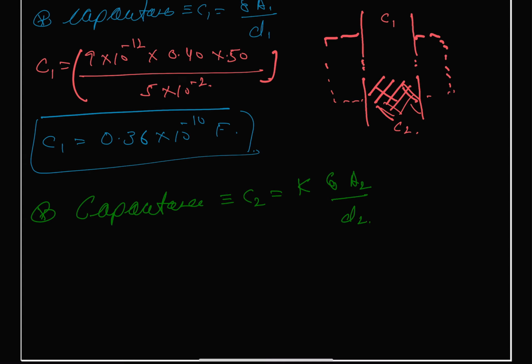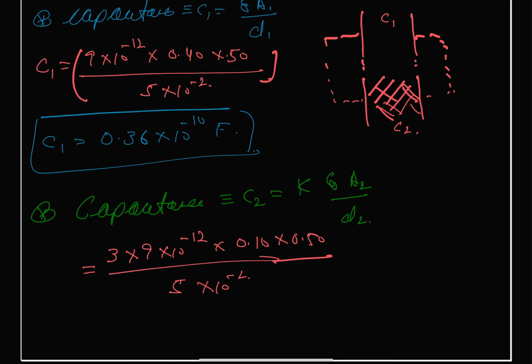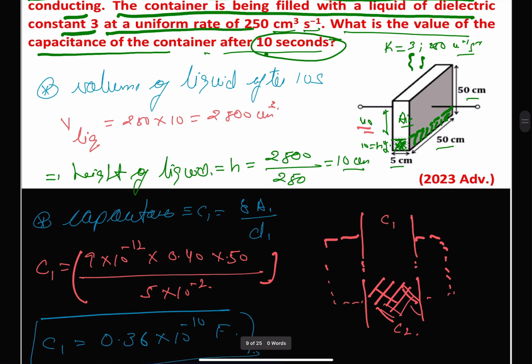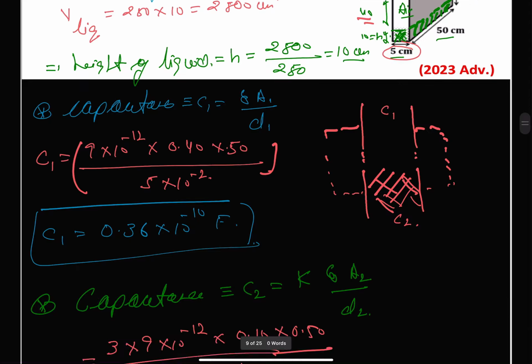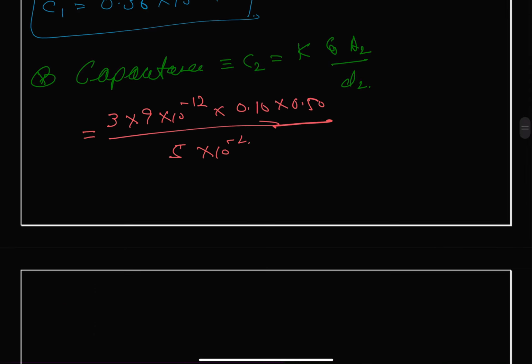We already know the value of K. K is 3, epsilon naught is 9 into 10 to the power minus 12, and A2 will be 0.10 multiplied by 0.50, and D2 is 5 into 10 to the power minus 2, because this width will be the same. And this gives us the value of C2 equal to 0.27 into 10 to the power minus 10 farads.